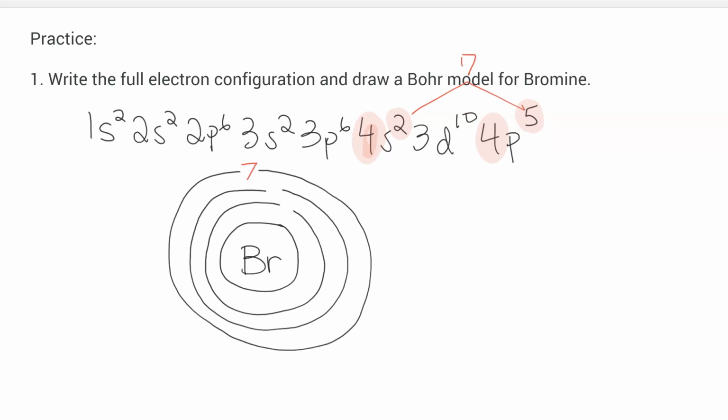I'm not going to draw dots for this just because it takes so long, so just put a number on each energy level. So I'll put 7 e minus, 7 electrons. Any questions there?